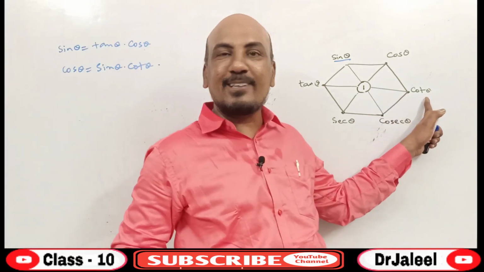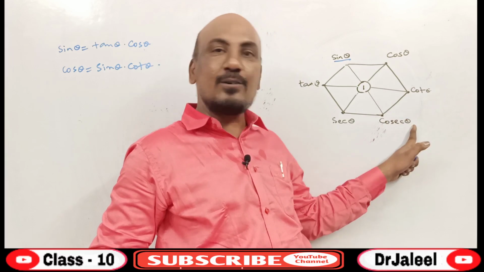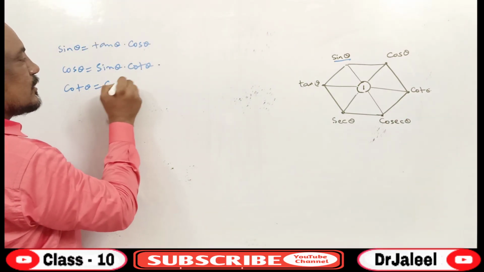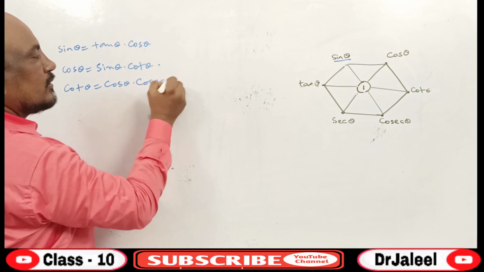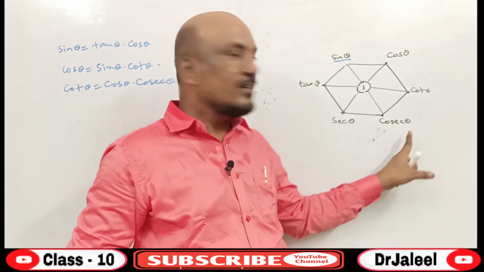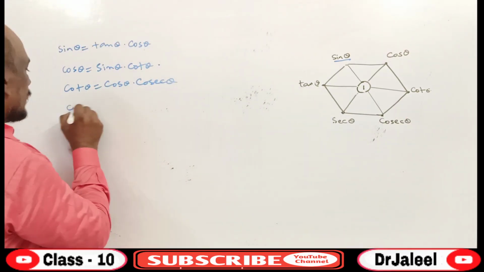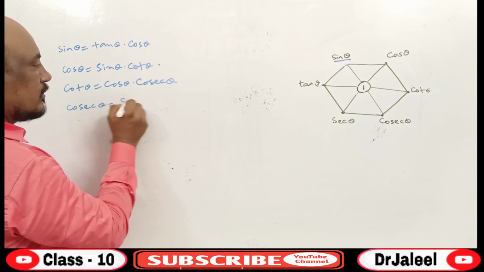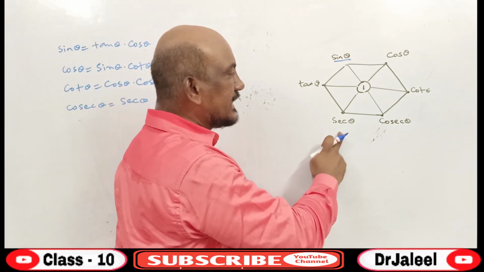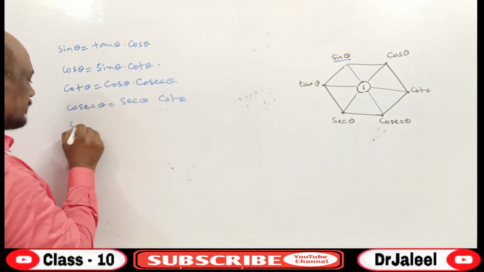Same way, how can you write cot theta? Neighboring ratios, that is cos theta into cosec theta. How can you write cosec theta? Both neighboring, that is sec theta into cot theta. How can you write sec theta?